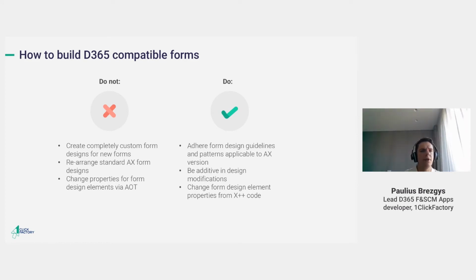The second tip, or second mistake, or second challenge, is rearranging standard form designs. Again, this usually comes from a user requirement, that the user doesn't like where the standard controls are. Maybe the shipping address is in the wrong place. Again, this is not really friendly to Dynamics 365, so you will have to get rid of this customization, unfortunately, in one way or another.